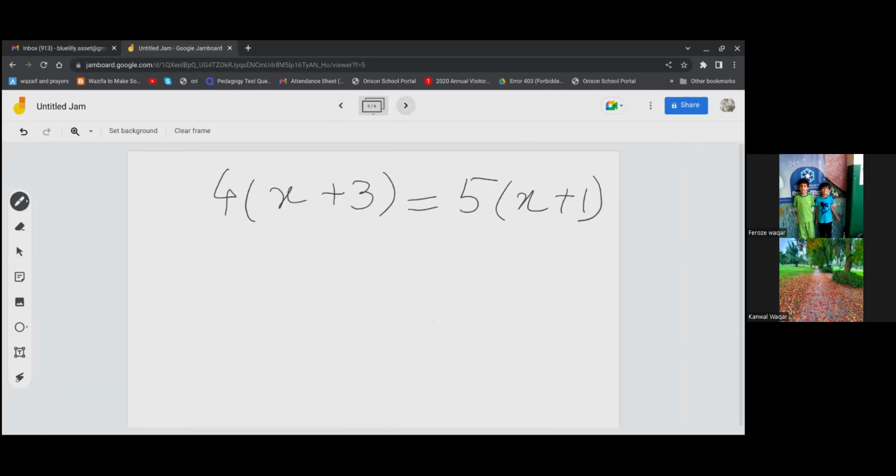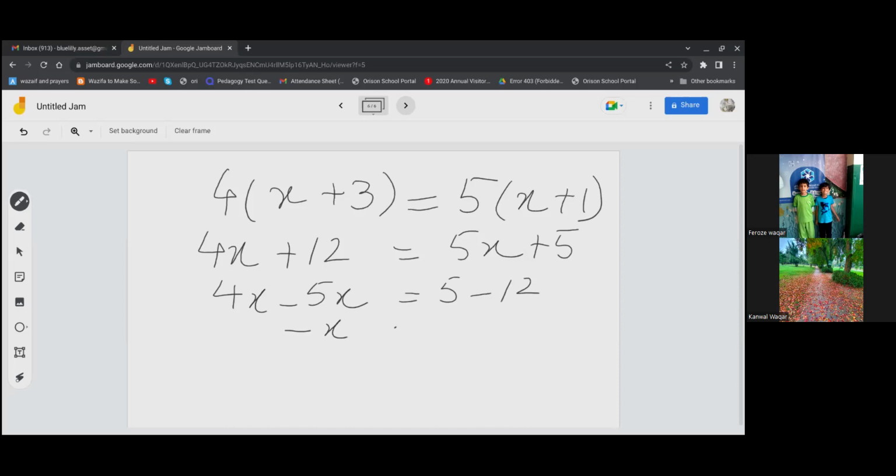Now solve it: 4x plus 4 3s are 12, then 5x plus 5. Bring the like terms. 5 minus 12, minus x is equal to minus 7. Cancel negative sign. X is equal to 7.